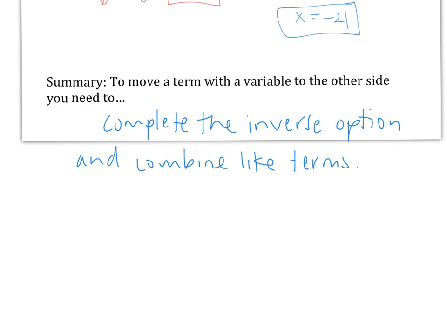So again, like terms are variables that have the same exponent. So 3x and negative 5x, or we could even say other variables are like terms like 10y and negative 22y. So again, we want to combine like terms and get them all on one side, and then solve that equation for that variable.